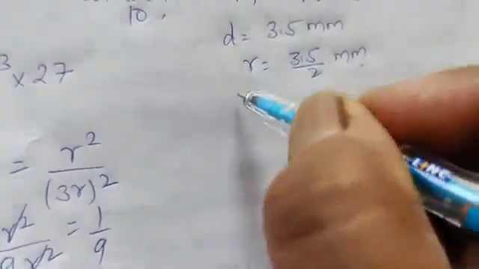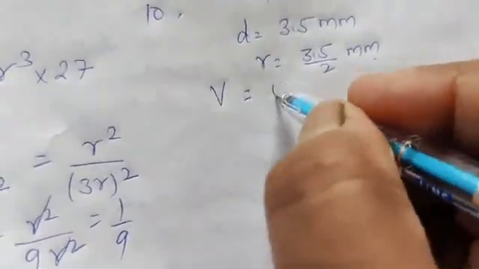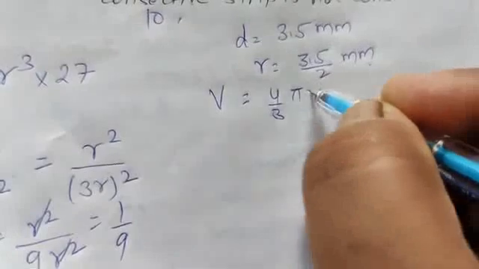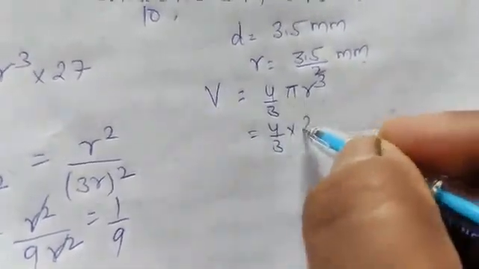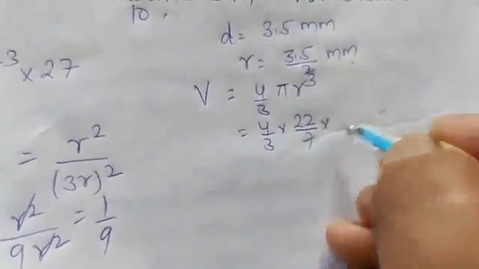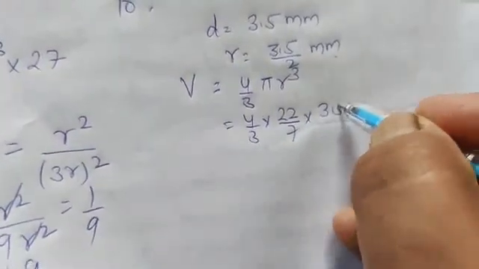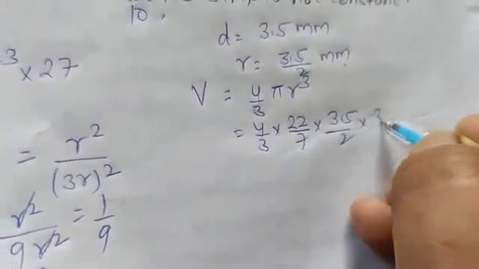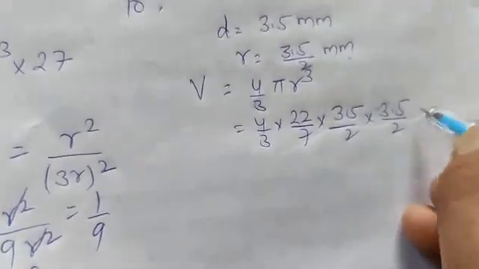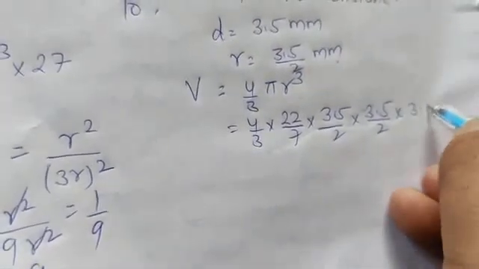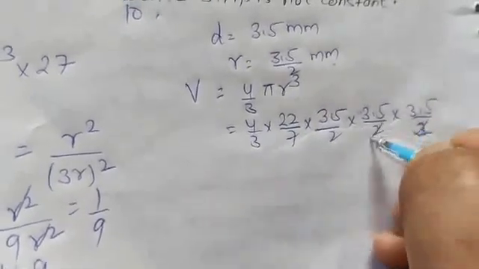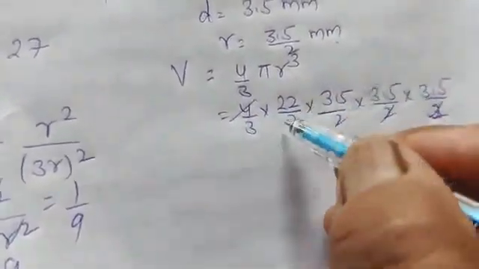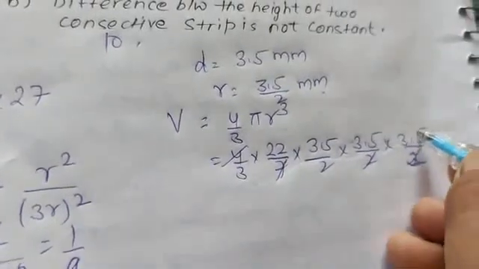The volume of a spherical capsule is 4 by 3 pi r cube. It means 4 by 3, pi is 22 by 7, r is 3.5 by 2, cube means 3 times. 2 2s are 4, cancel. Now 7 5s are 35, 0.5.